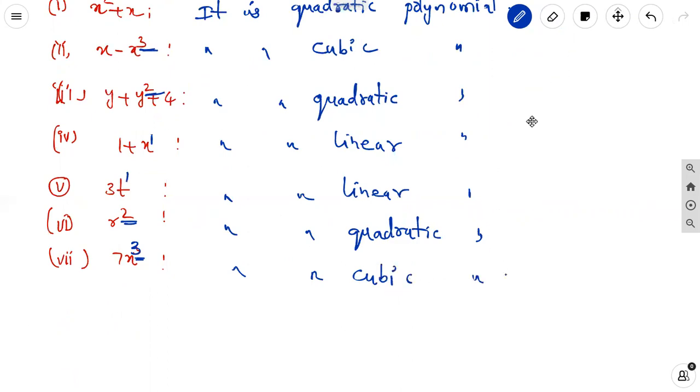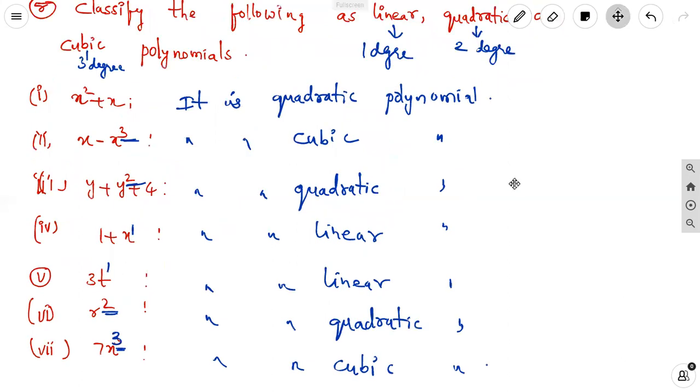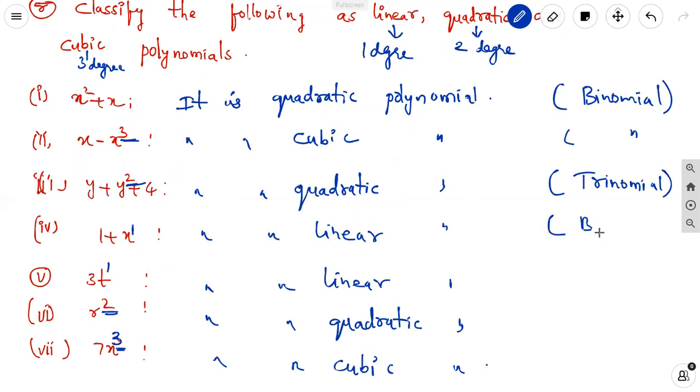Don't worry or get confused about the terms and degrees. Linear, quadratic, cubic refer to degree. As for terms, here 2 terms are there, binomial. 2 terms are there, binomial. 3 terms are there, trinomial. 2 terms are there, binomial. 1 term, monomial.